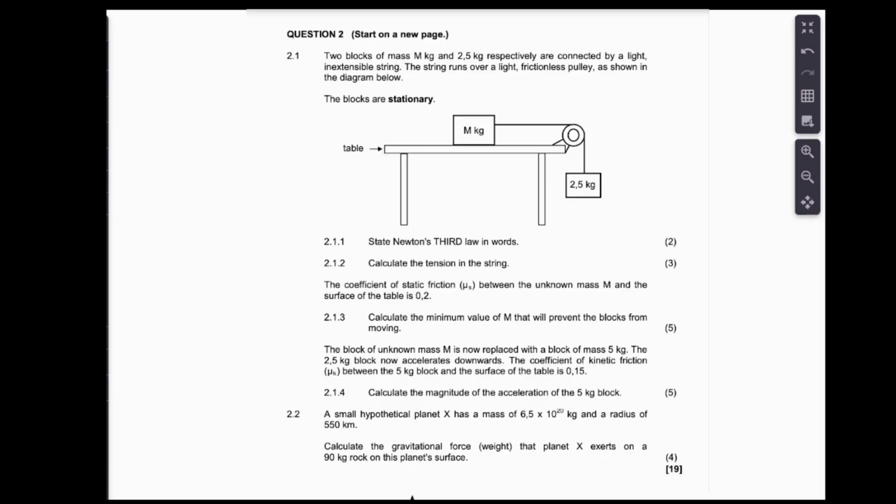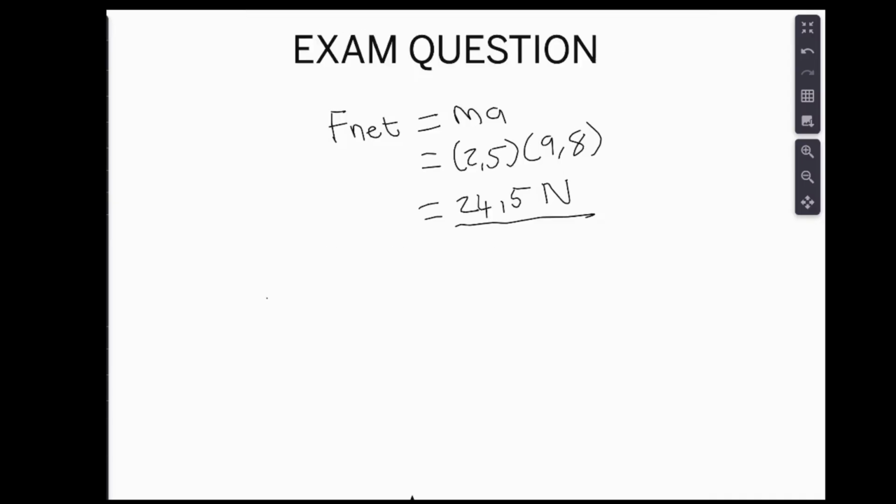This means that this statement will be true if we say that the frictional force is equal to the weight.